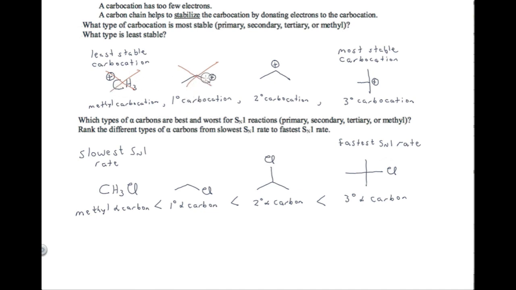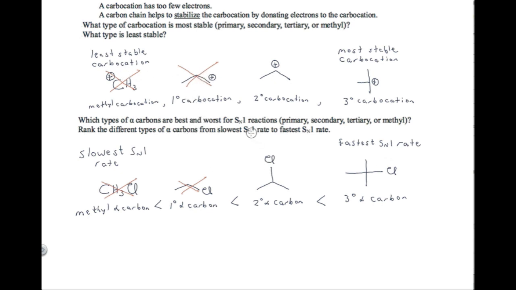So you can't use a methyl alpha carbon or a primary alpha carbon as the starting material for an SN1, because you wouldn't be able to form the necessary carbocation intermediates.